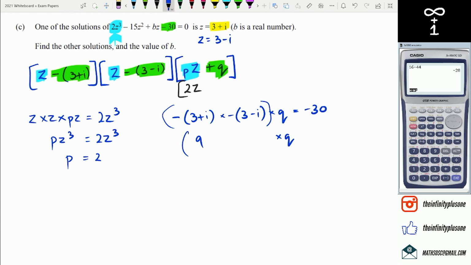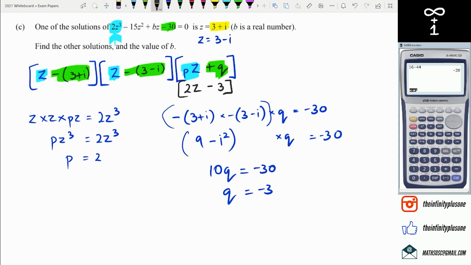So I've got 9 minus 3i plus 3i, which is not going to matter, and I've got minus i squared, q equals minus 30. Now i squared is equal to negative 1. So I'm going to get 10q equals negative 30, and q is equal to negative 3. So my final factor that I have is 2z minus 3.